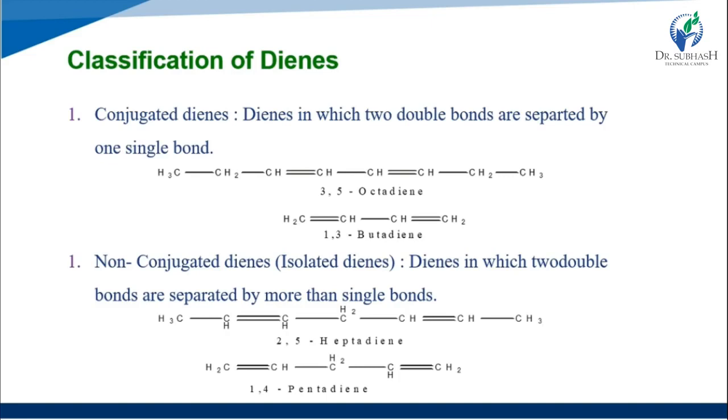So this is a non-conjugated diene. For example, 2,5-heptadiene: the 2 position and 5 position have the double bonds, and 7 carbons are present. And then 1,4-pentadiene: the 1 position and 4 position are separated by single bonds.